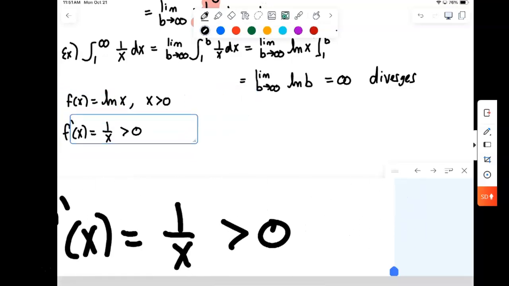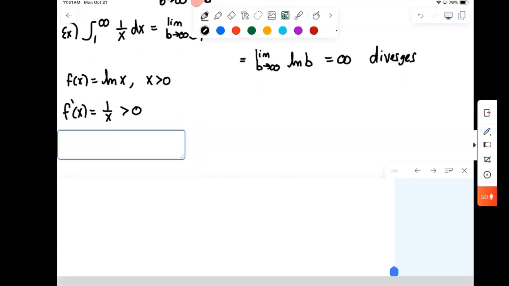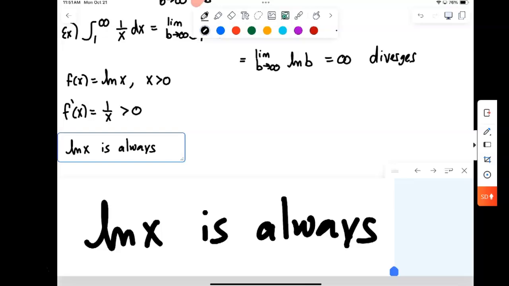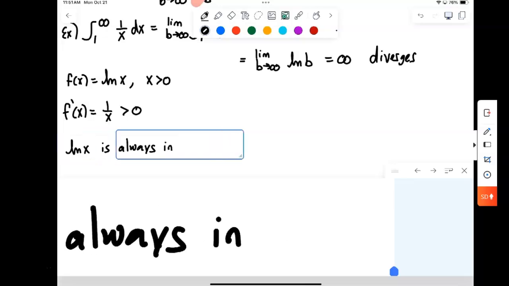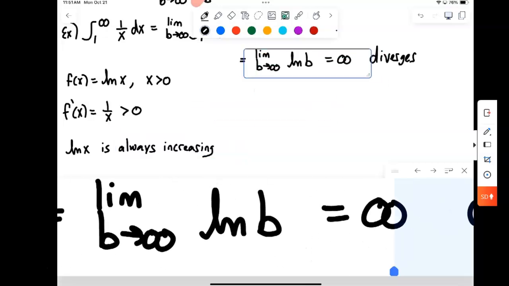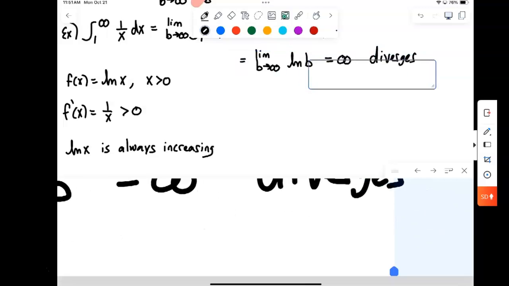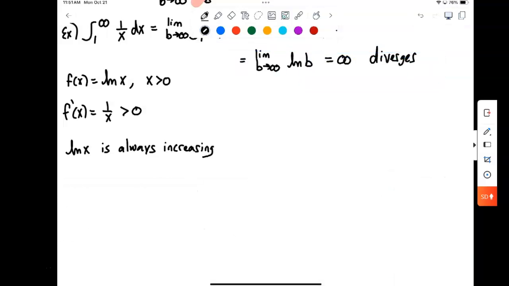So the derivative of ln is always positive. If its derivative is always positive, that means that ln is always increasing. And since it's always increasing, if we let b go to infinity, ln of b will go to infinity. And so this integral actually diverges.